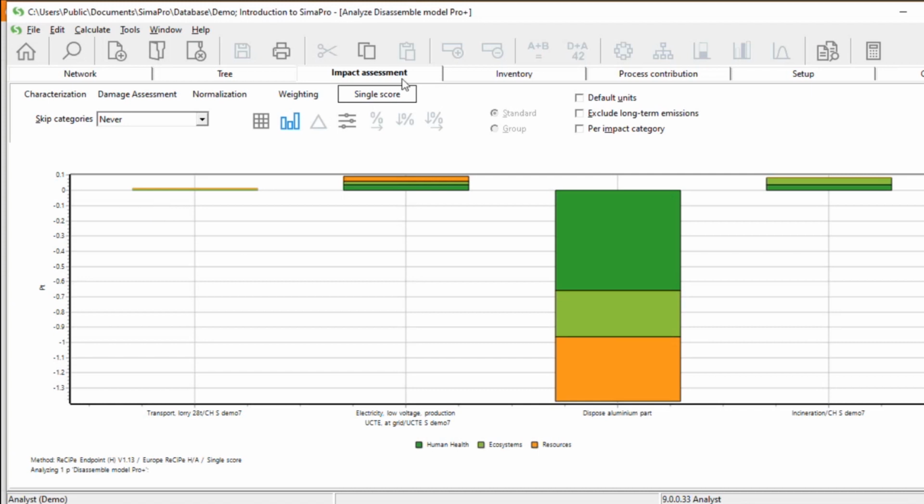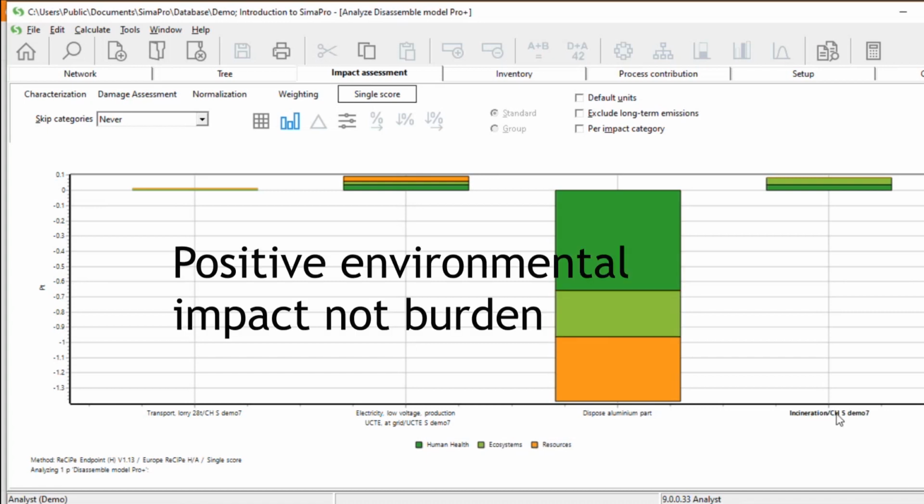Same thing, like in terms of impact assessment. For the disassembly, you are consuming electricity and you need to transport as well, so negative environmental burden. You can dispose of aluminum parts after disassembly, so this is the positive environmental benefit. And incineration, this is above 0.